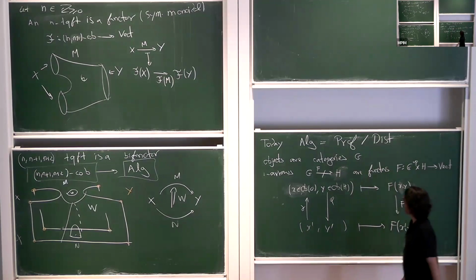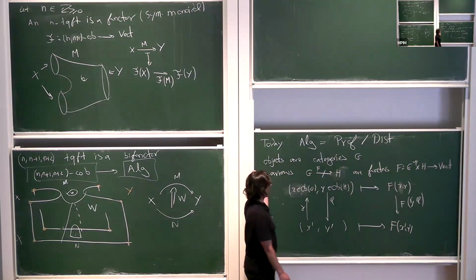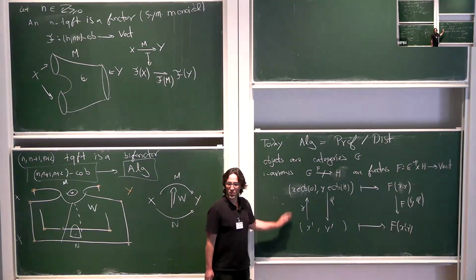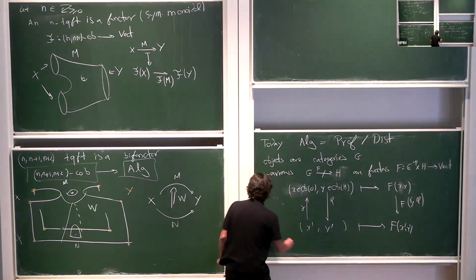Okay, so objects are categories, arrows are functors, and two-morphisms are natural transformations.